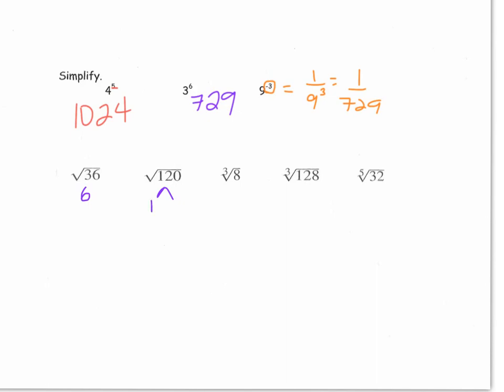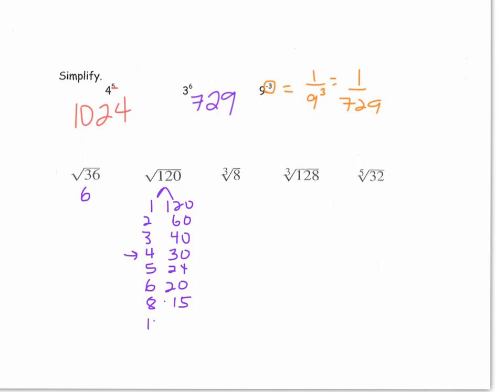So I know I could do 1 times 120, 2 times 60, 3 times 40. I know 4 goes into 120 30 times, and 4 is a perfect square, but I want to see if there's anything bigger. Let's see, I know 5 would go in 24 times, 6 goes in 20 times, 7 doesn't go in, 8 goes in 15 times.